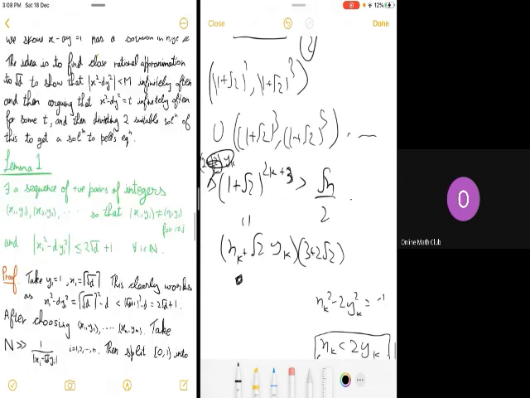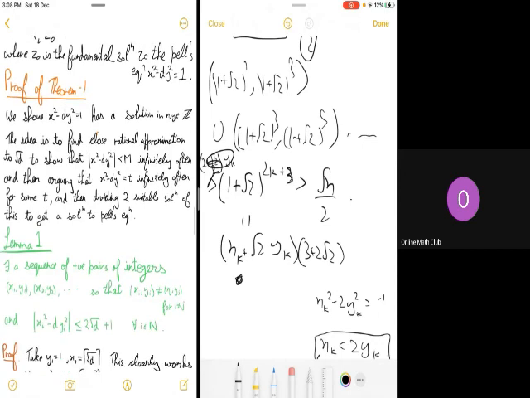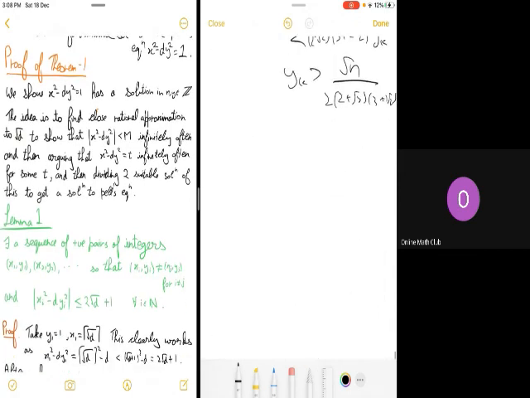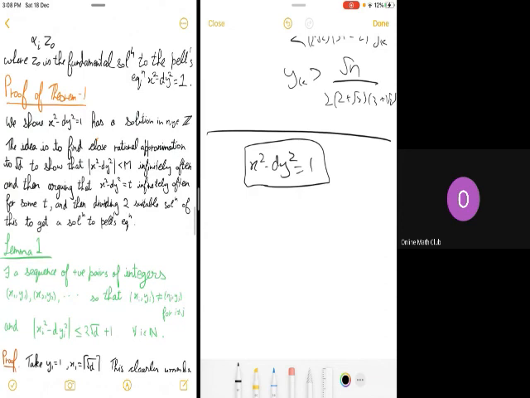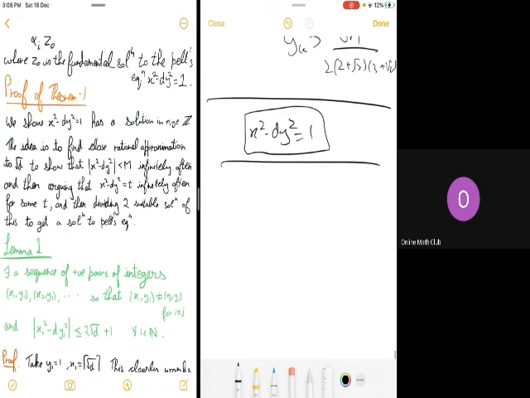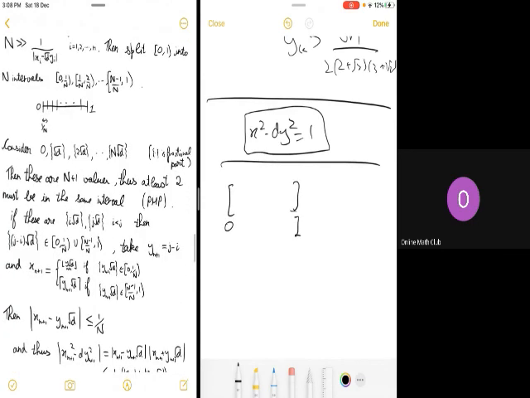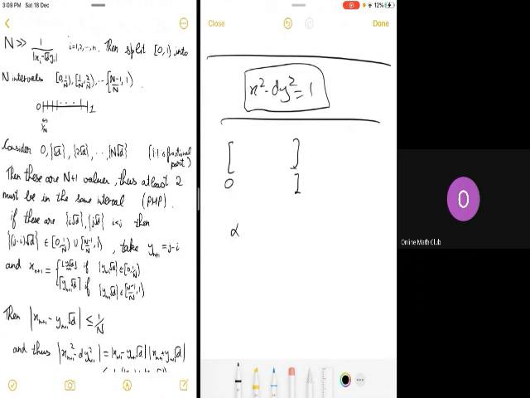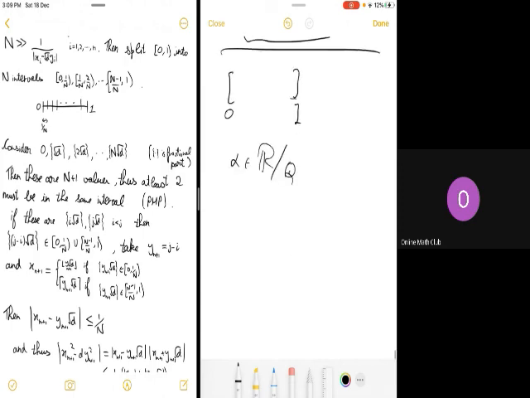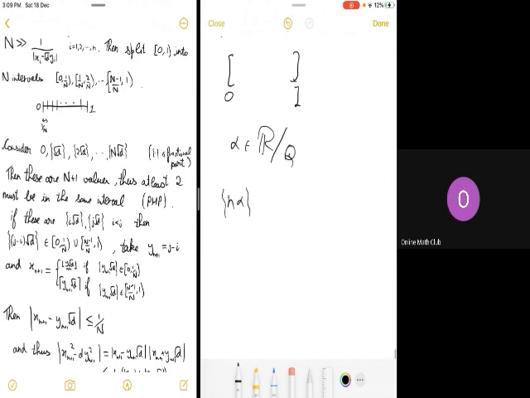So I have written this proof of the existence of a solution to the Pell's equation, and I guess you can look at it. The main idea is the same as Mihir mentioned: in the interval 0 to 1, there is this famous result that if alpha is a real irrational number, then the set of fractional parts is dense in 0 1.